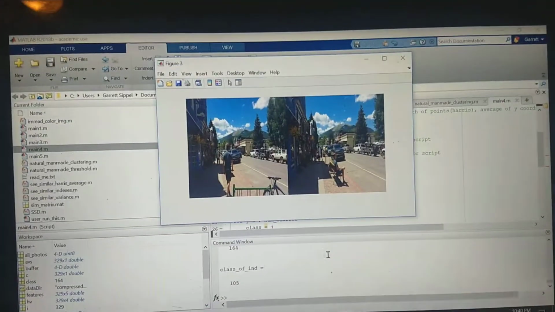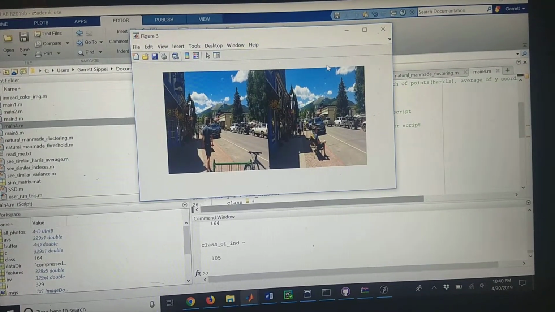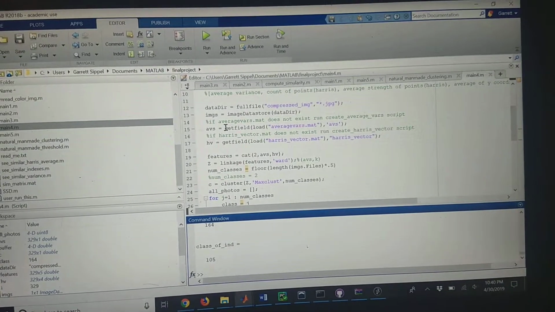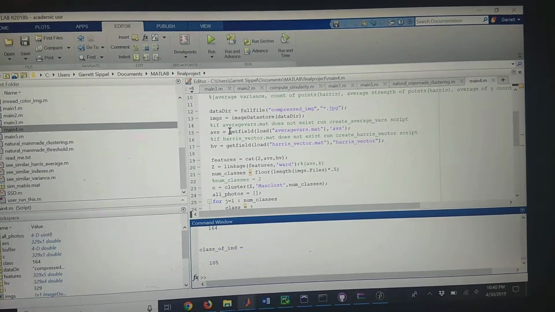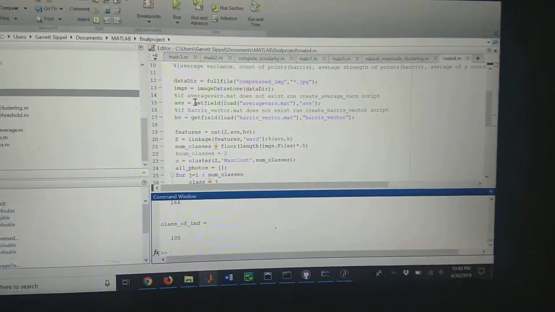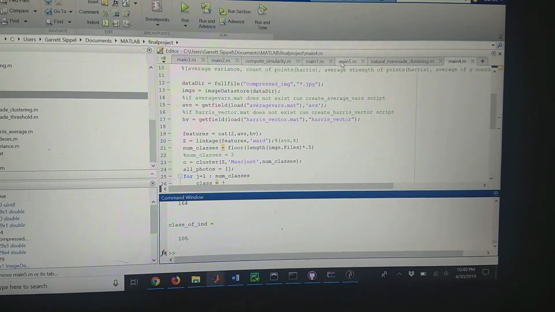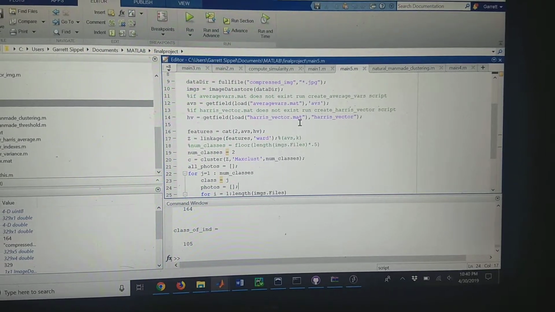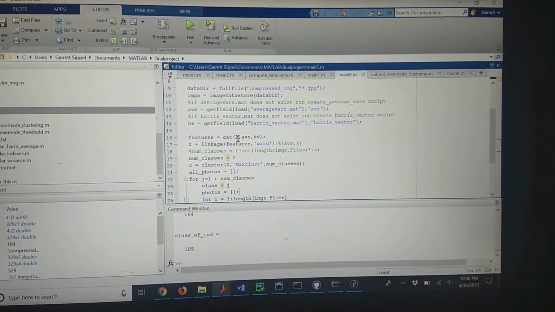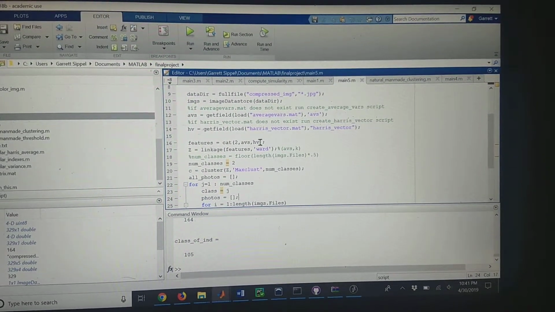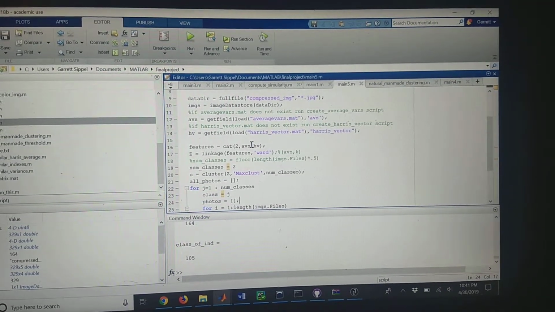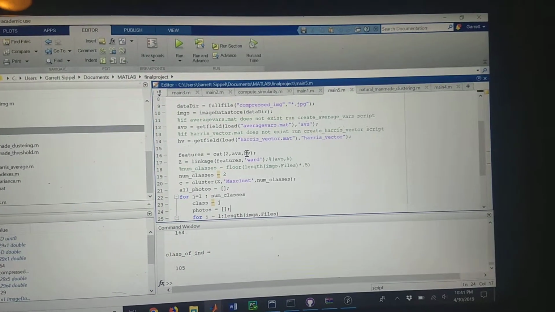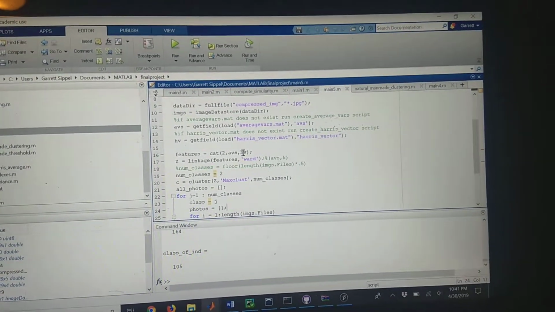I did a little bit more than just use that variance value on my clustering, though. I also used the Harris algorithm again to find where the points were, and I took the average. So to create this feature vector that I clustered on, I have my variance value, but then I also have the Harris features.